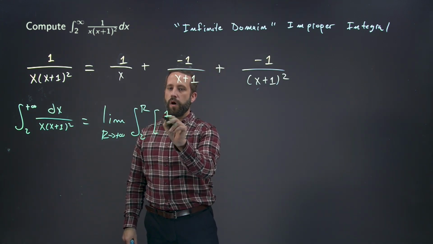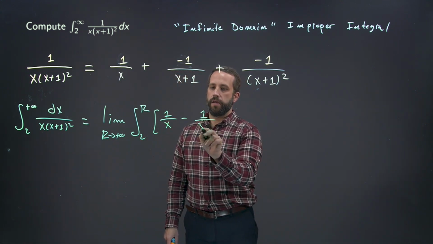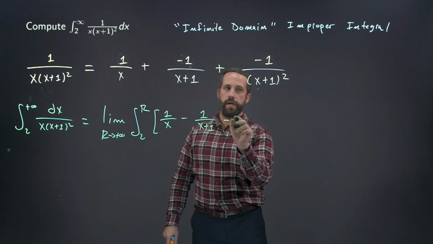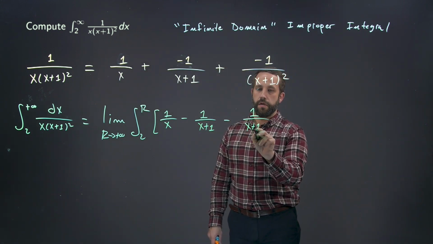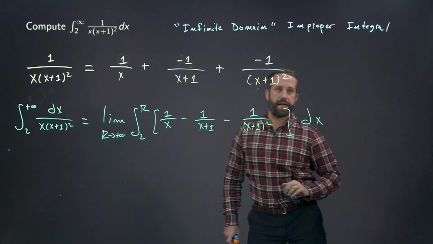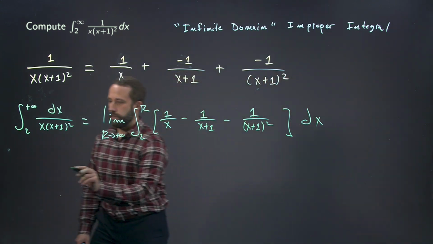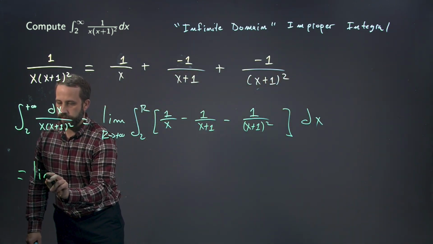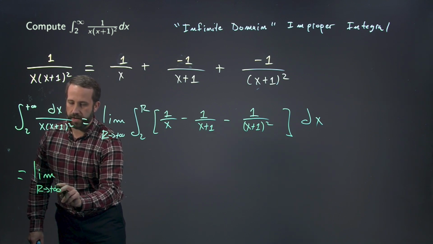So this is going to be 1 over x minus 1 over x plus 1 minus 1 over x plus 1 squared dx. Okay, and so now this is equal to the limit as r goes to infinity.